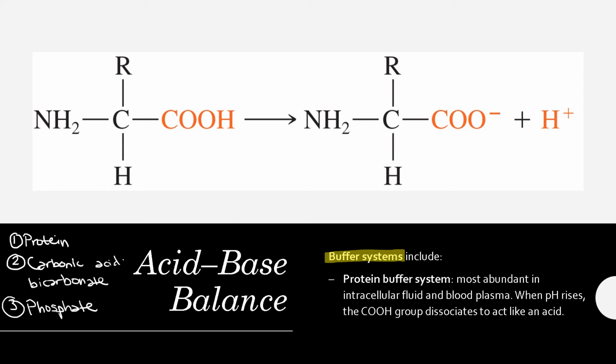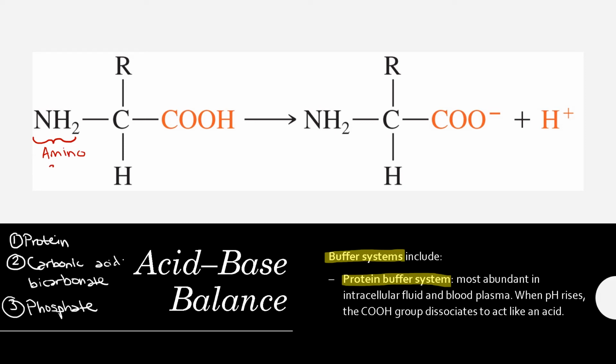So the first one we have here is the protein buffer system. So we have an end of a protein here. The main parts for this particular section that we need to talk about are the amine group. We've talked about this a little bit when we looked over proteins in general, but here we'll just call this an amino group.